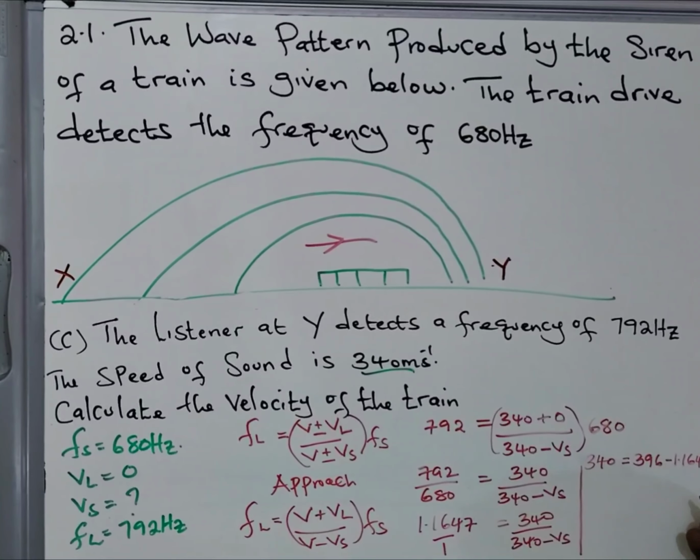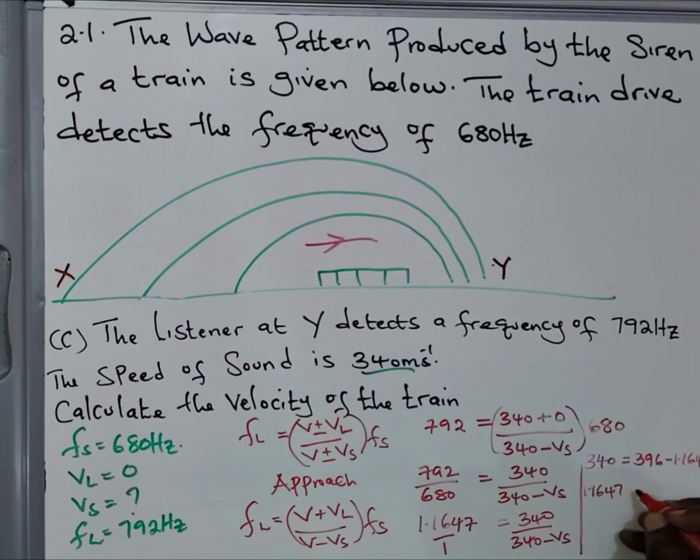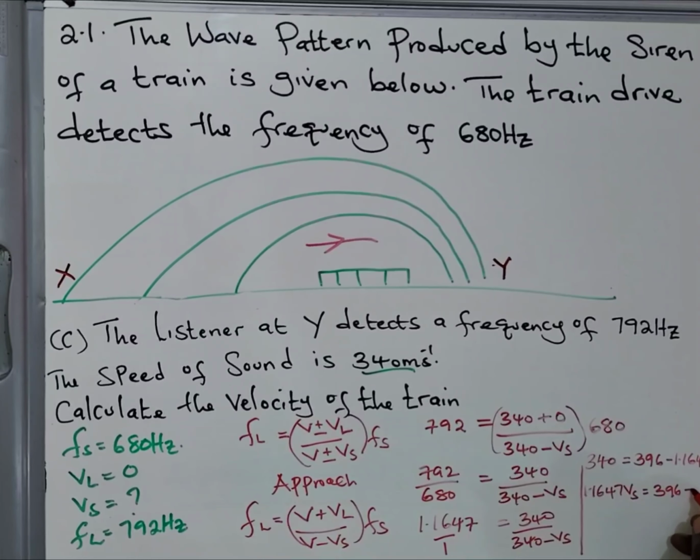So when you get here, what do we do? We collect like terms, and you have 1.1647 Vs, giving you 396 minus 340.